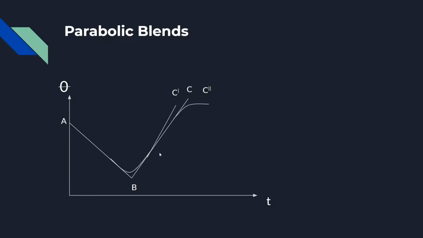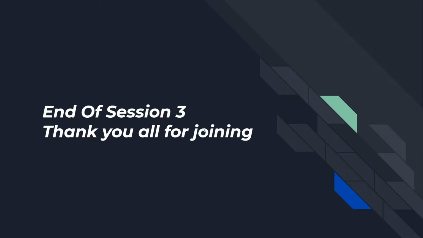To reach this pseudo point, obviously the linear section over here would rise, and we'd have a parabolic blend over here, followed by a tiny linear portion which passes through C. Just assume it passes through C. It's been really badly done, but still, it does pass through C. And then there's another pseudo point C dot, which has a parabolic blend, which causes it to eventually go back down to wherever the next point is. And that was parabolic blends, and that was the end of session 3.